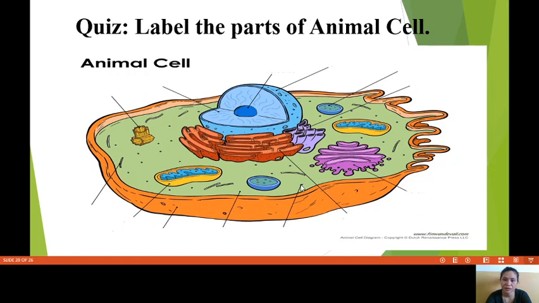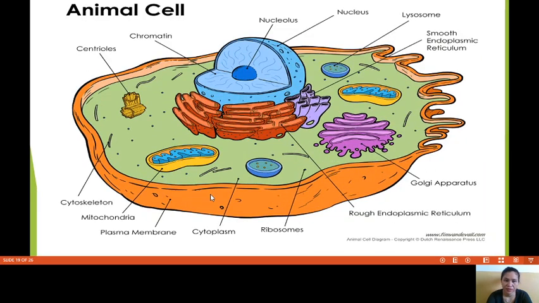These are your, what is this? Ribosomes. This is your mitochondria, centrioles, and cytoskeleton. This one is the cell membrane. Or sometimes they call it plasma membrane, but it's just the same.